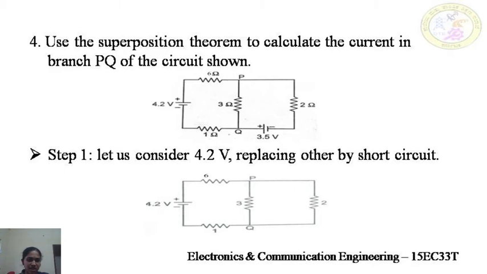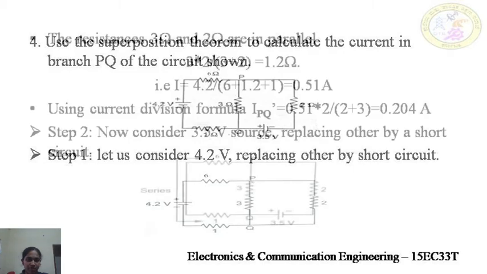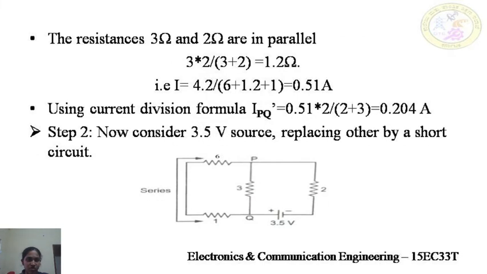Consider this network here. 3 ohm and 2 ohm are in parallel. Therefore, these two are replaced by 3 into 2 divided by 3 plus 2, that is equal to 1.2 ohm.